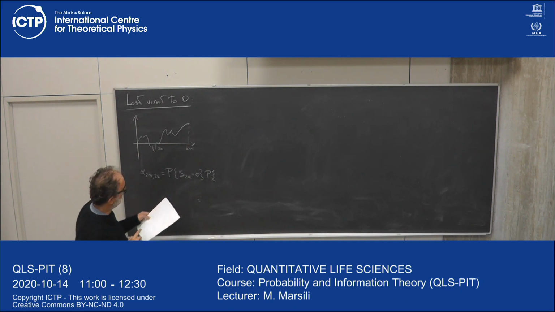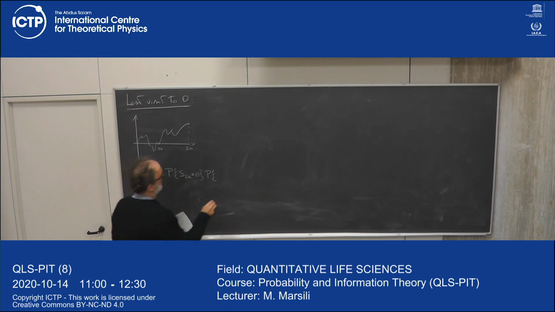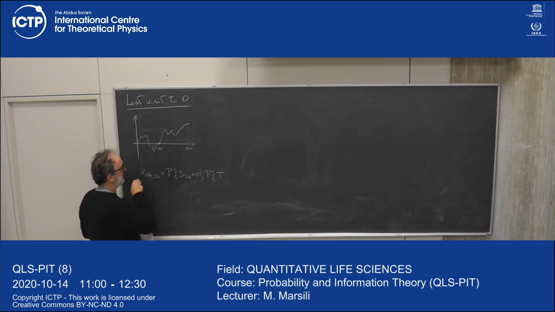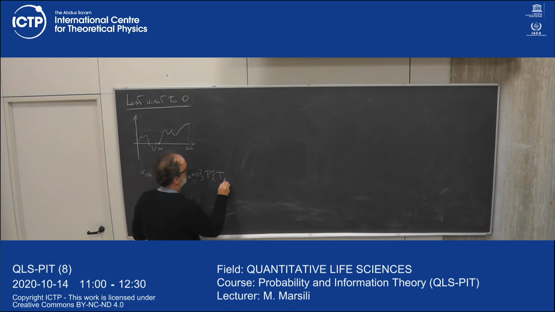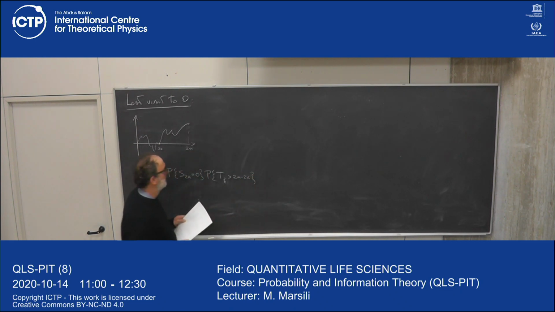Now this probability is actually the probability that for the random walk that starts from here, the first return is larger than 2n minus 2k.